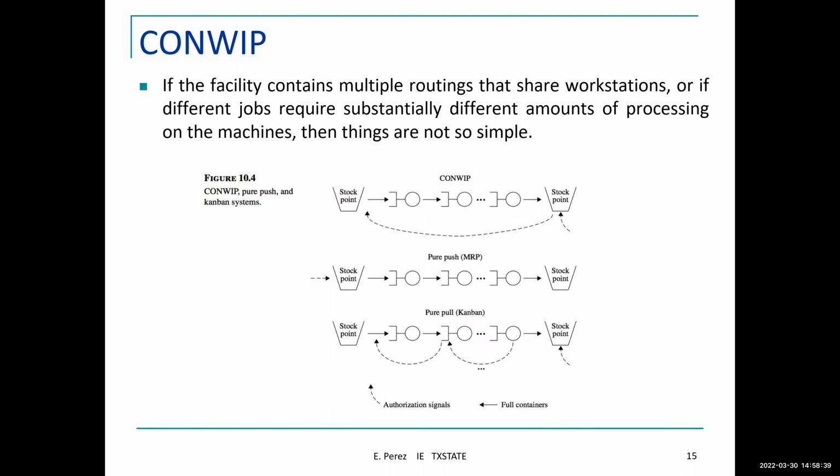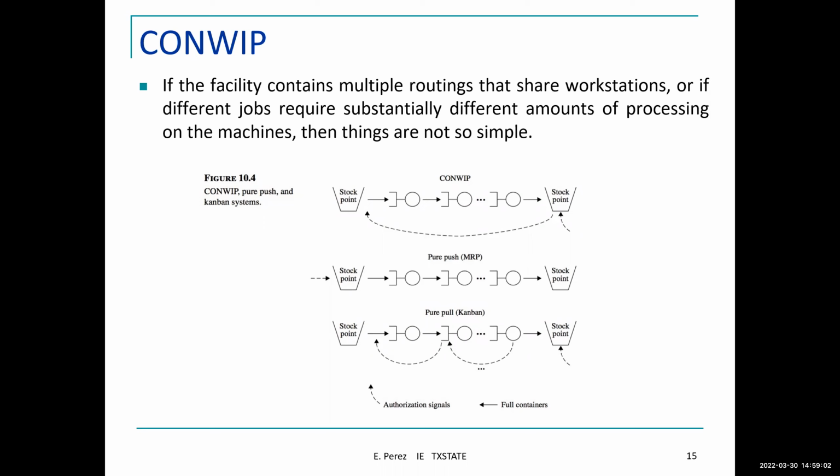So this figure is illustrating the differences between CONWIP, push, and pull. These dotted lines are representing the authorization signals, and these are representing pull containers.